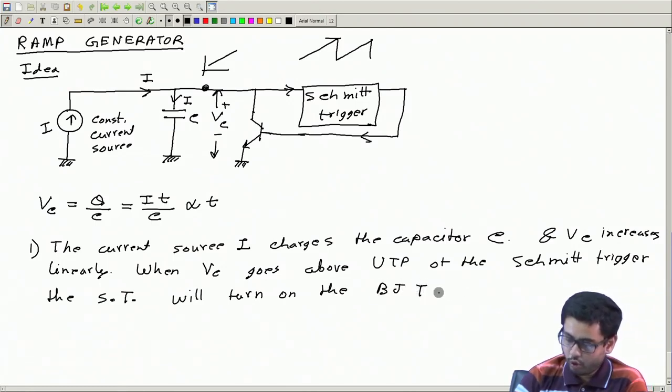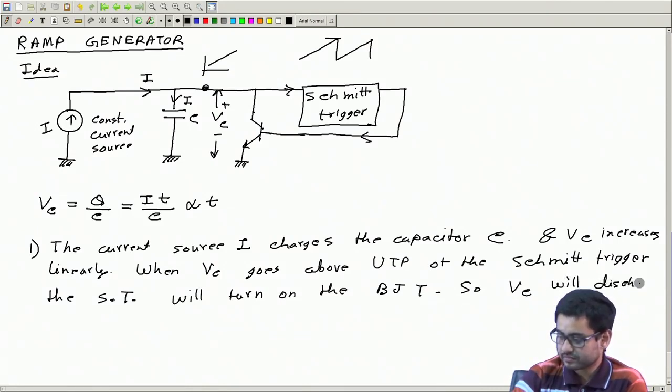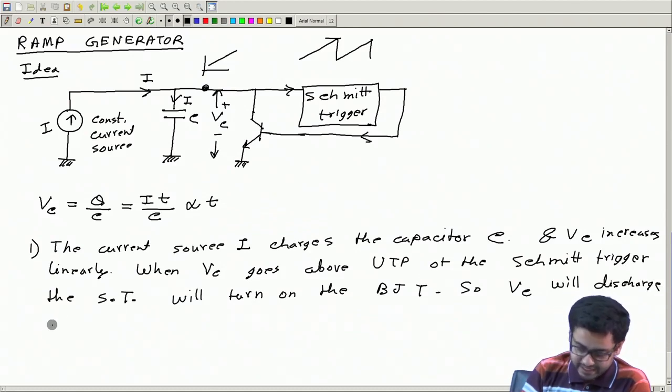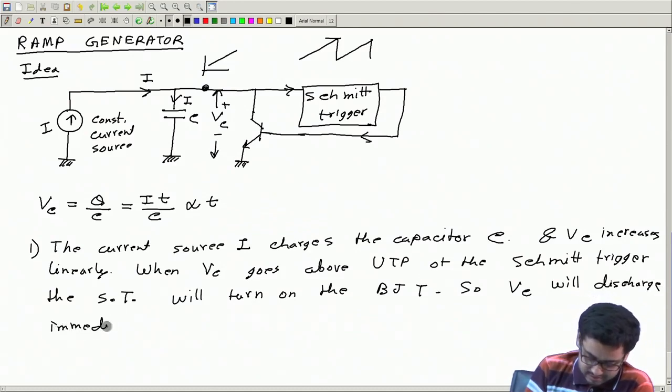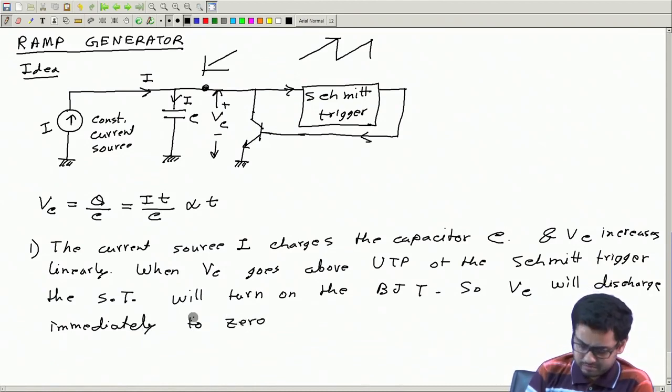So Vc will discharge immediately to 0, or whatever, maybe in this case 0.